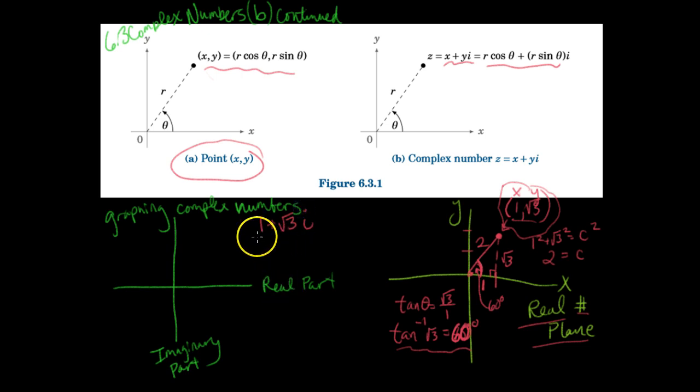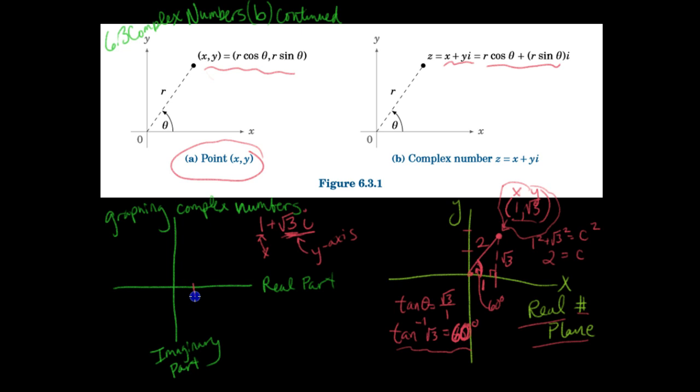Okay, so this is your real part. If you remember, this is your imaginary part with the coefficient of the square root of 3. So what you do when you graph a number like this is the real part is on the x-axis, and the imaginary part is on the y-axis. Okay, but it's got the scale of i.